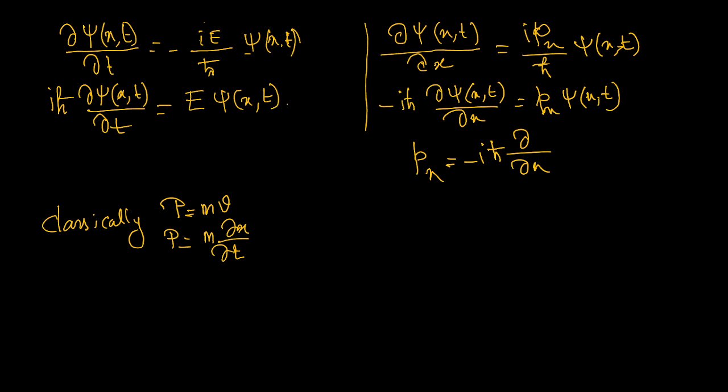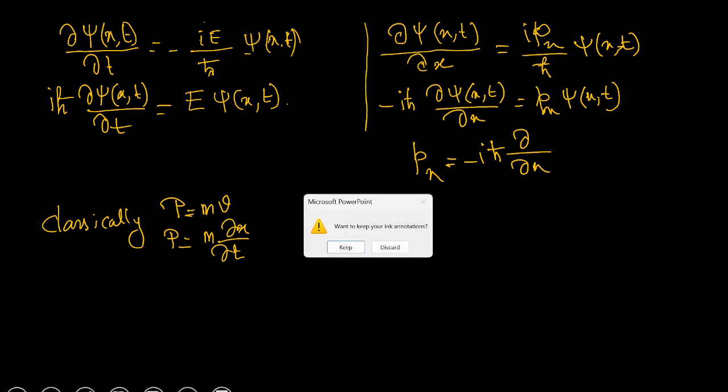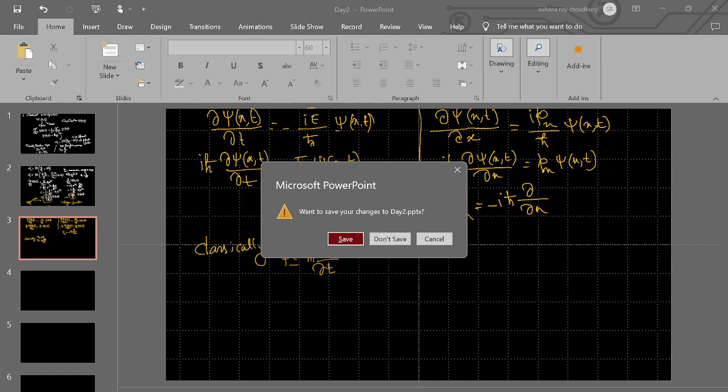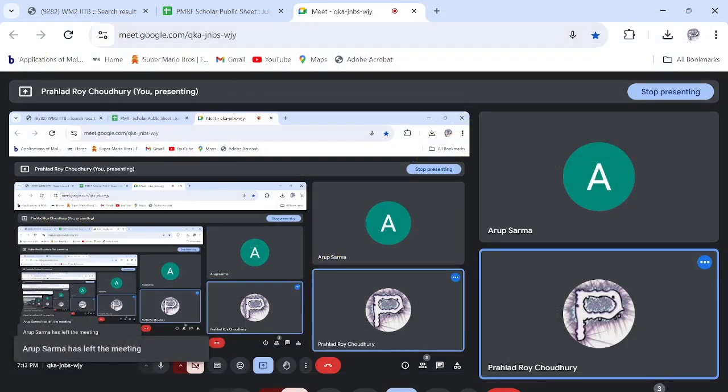So your only voice is coming, but the screen is remaining black. screen is remaining black. Are there any problem at your end? 1 minute, 1 minute. Let me move it and share it.